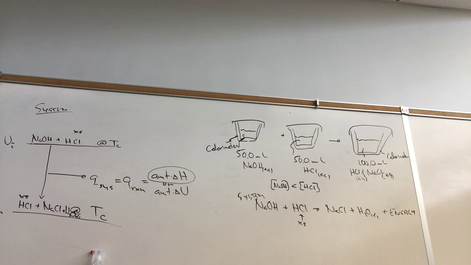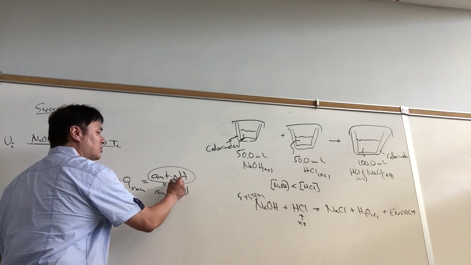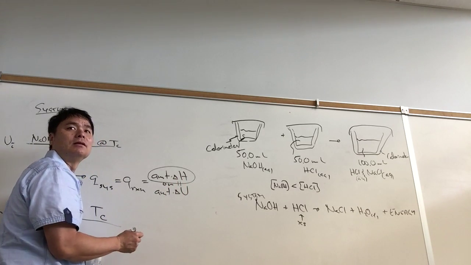That is 100 milliliters total before, 100 milliliters total after. Under constant pressure conditions, if volume doesn't change, we call volume constant. So in this case, it's both constant pressure and constant volume, which means that delta U and delta H are the same thing. The same number.